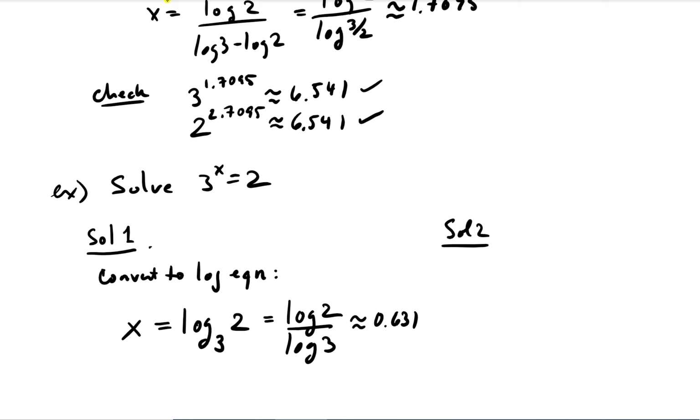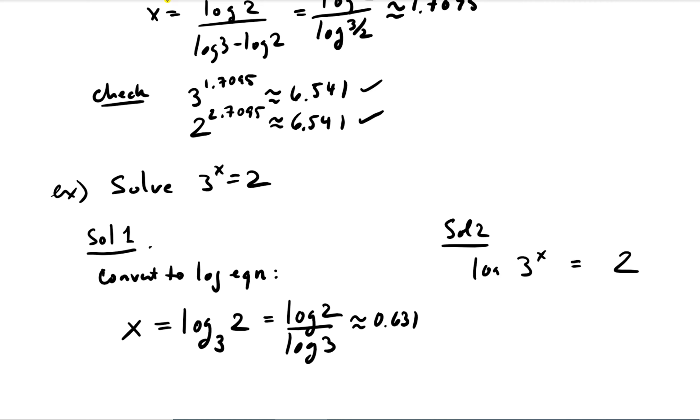Solution number 2, which is when I don't want to think too much, I always use that one. So we've got an equation involving an exponential expression because x is in the exponent.